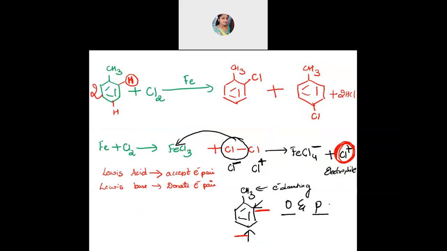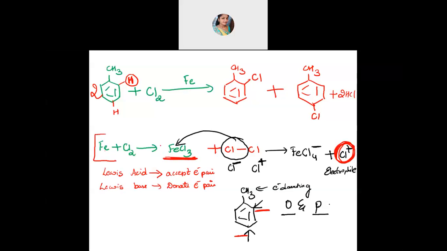If you want, somewhere down you can write this. Here you see FeCl2. In your book they have just given Fe and Cl2. They have not explained what exactly happens during the process. What really happens is Fe combines with certain molecules of Cl2 and forms FeCl3, which is a catalyst.